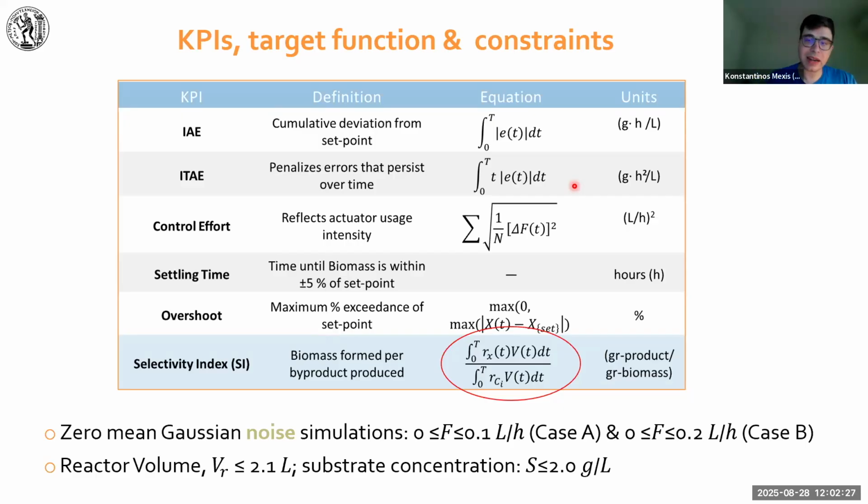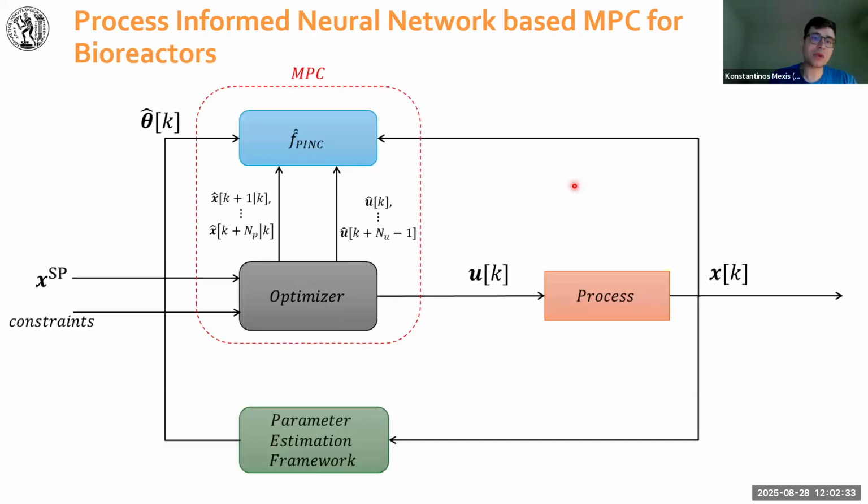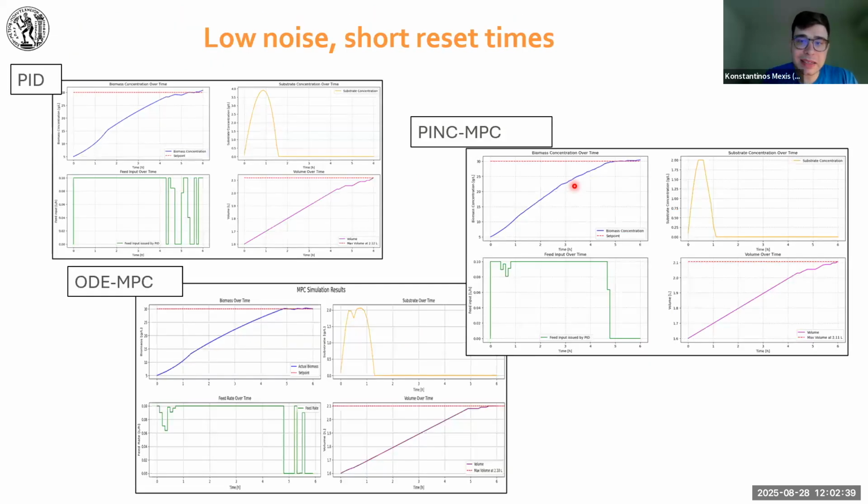We performed several experiments with different noise levels and constraints. This is how an MPC pipeline could look, and these are some of our results. This slide compares the performance of the control strategies under low noise and short reset times.